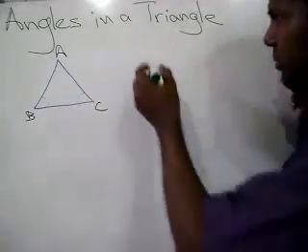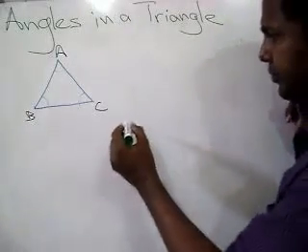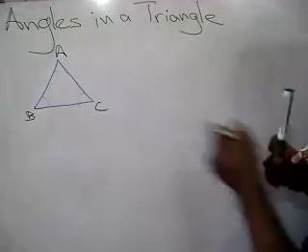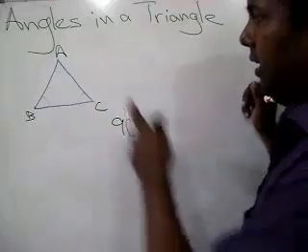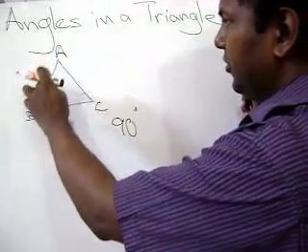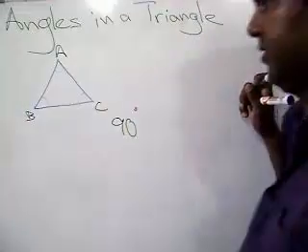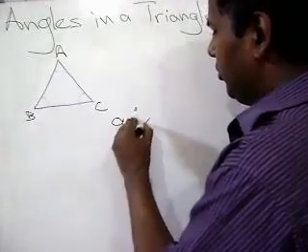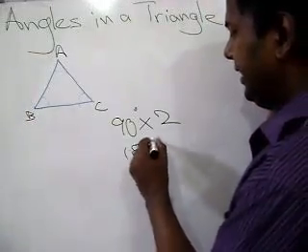So, what do you mean by a right angle? A right angle is basically 90 degrees. So, the total of the size of these three interior angles of a triangle should be two right angles, meaning 180 degrees.